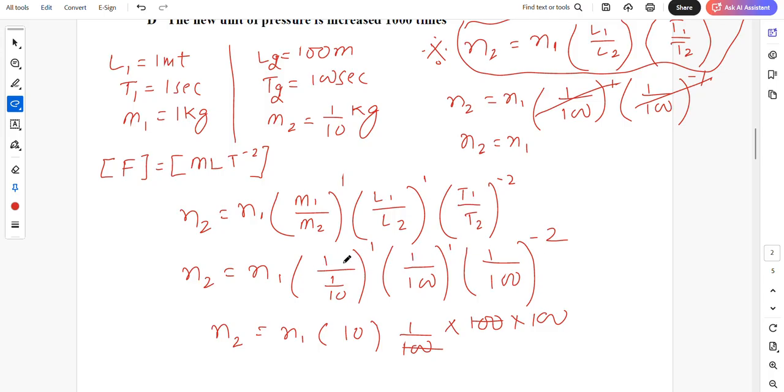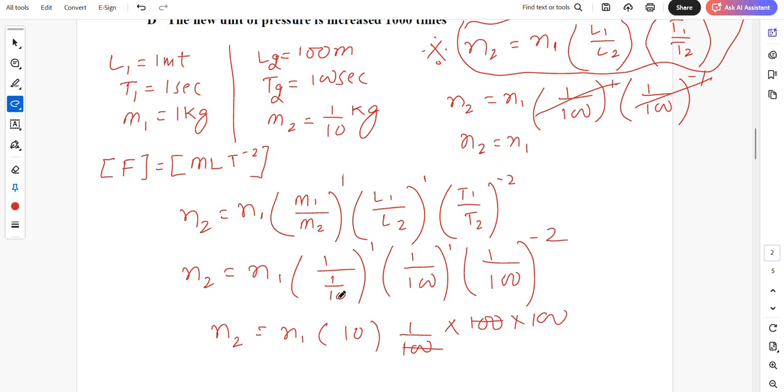How much is M1? 1 divided by 1 by 10. How much is L1? 1 divided by 100, right? And how much is T1? 1 divided by T2, which is 100 to the power of minus 2.